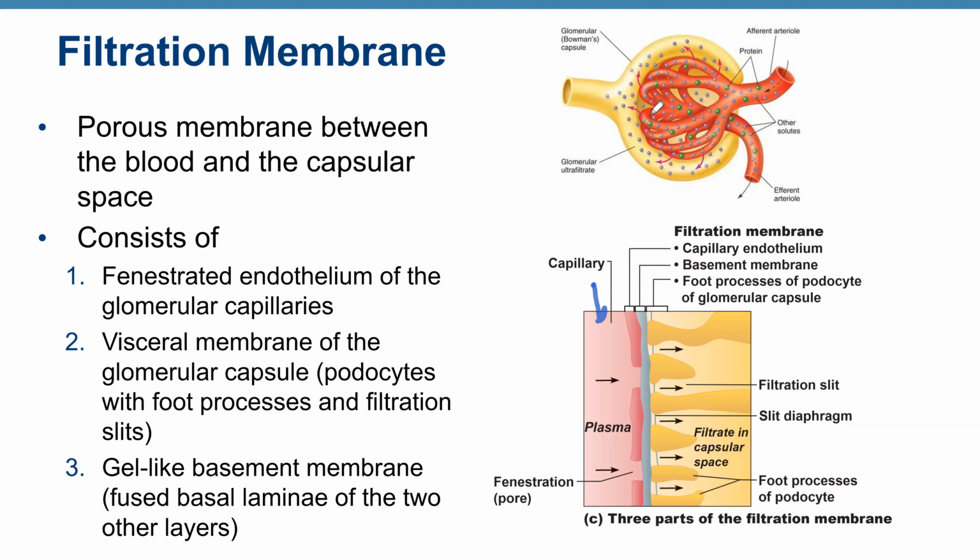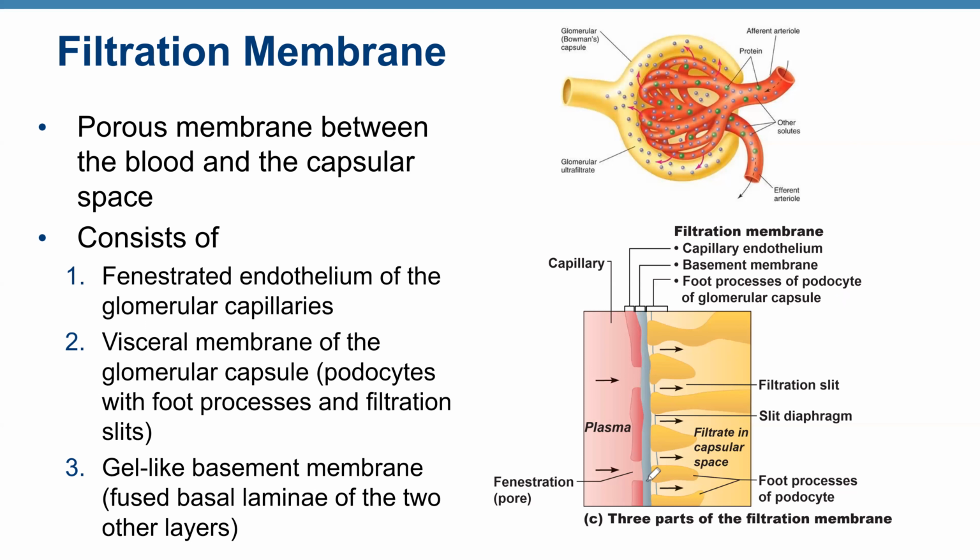So we have capillaries. Capillaries have walls, and those walls are made of endothelium. Then you have the wall of the capsule, and it's made of the foot processes of podocytes of the glomerular capsule. And between them, you have an extracellular structure called the basement membrane.